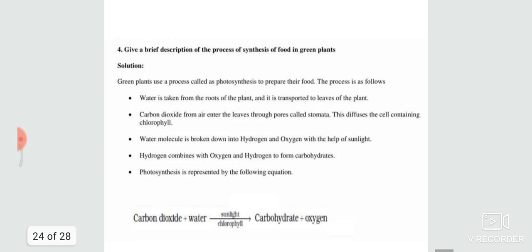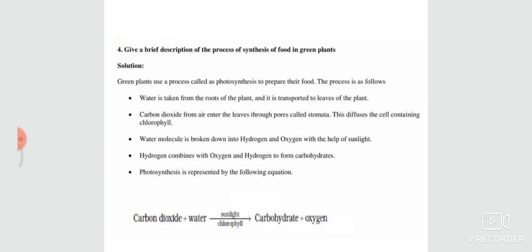Moving to question number 4: give a brief description of the process of synthesis of food in green plants. So the answer is: green plants use a process called photosynthesis to prepare their food. The process is as follows. Water is taken from the roots of the plant and is transported to the leaves.